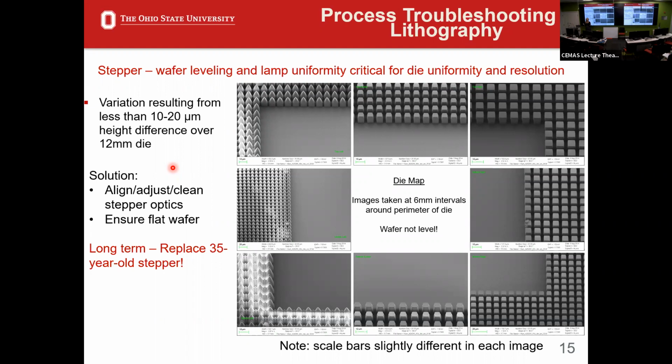Okay, what's the solution? Well, it's a 40-year-old stepper, so we realigned the optics, we cleaned them, we made sure the wafers were flat, and did the best that we could, and then in the end, had to replace the stepper with a direct write laser tool. It's just not capable of doing it anymore, if it ever was.